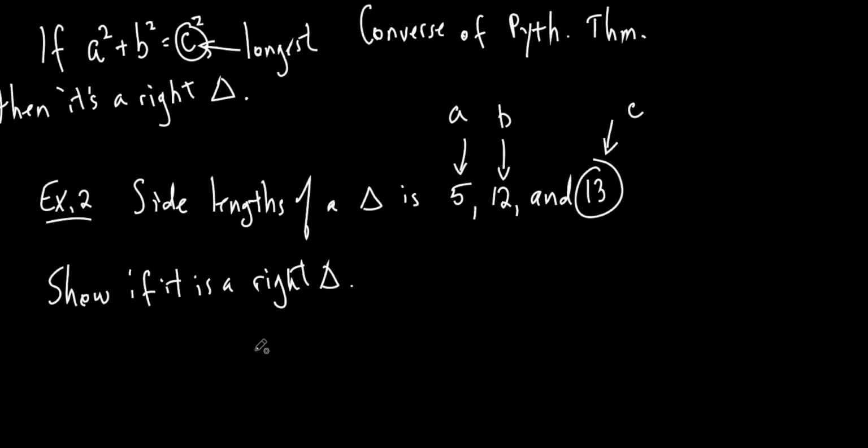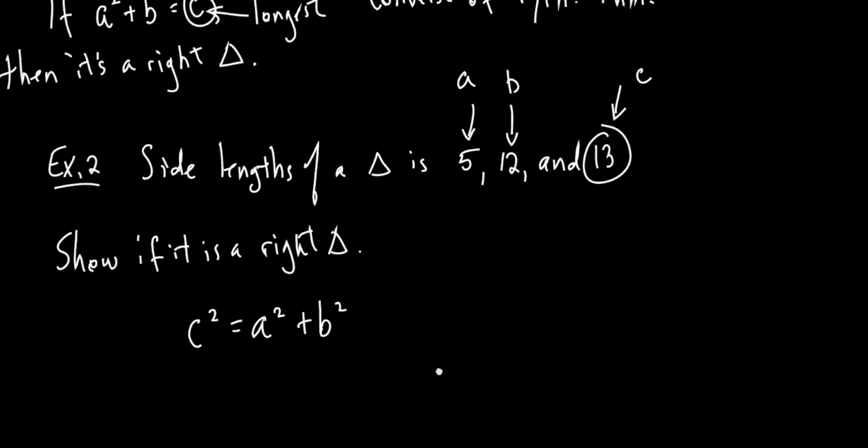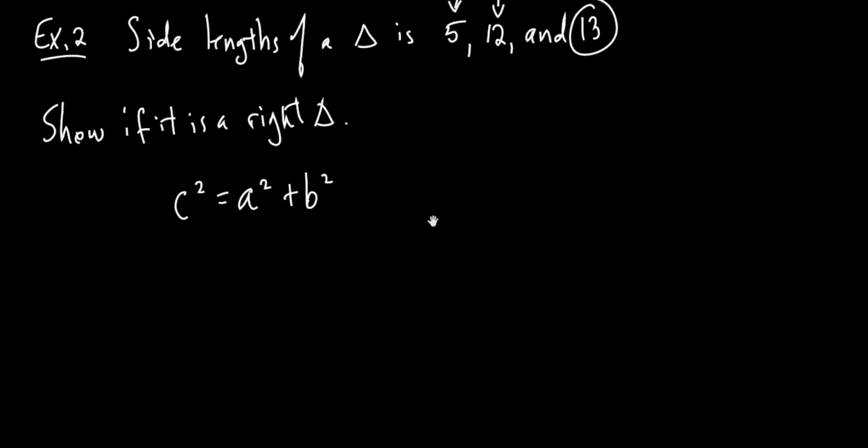So I want to determine if it's going to be a right triangle. Instead of writing a squared plus b squared equals c squared, I'm going to write it the other way. I'm going to write c squared equals a squared plus b squared. I'm doing that for a reason. Okay, I'll keep those numbers there. So let's plug the numbers in and see if c squared actually equals a squared plus b squared. If they do equal each other, then it's a right triangle. Okay, so let's try it. What's the c? 13. And then what do I have to do to that? Square it. Equals, what's my A?